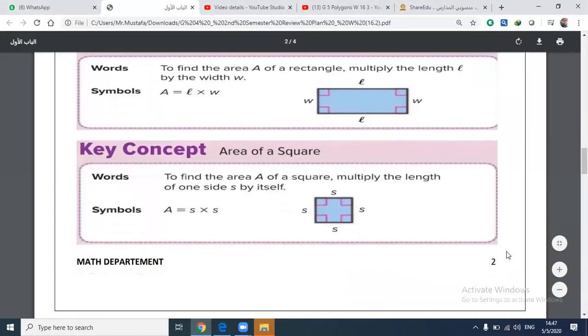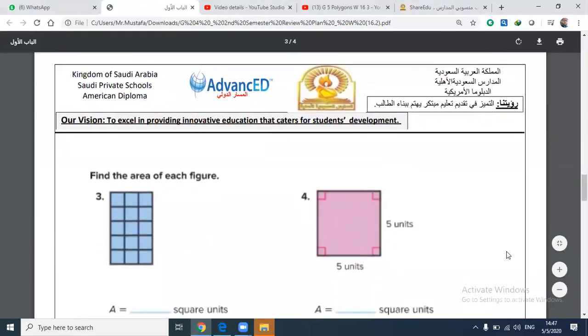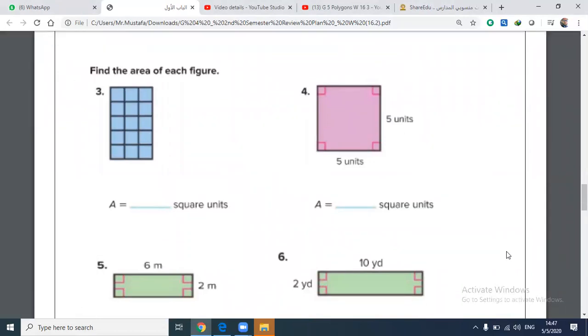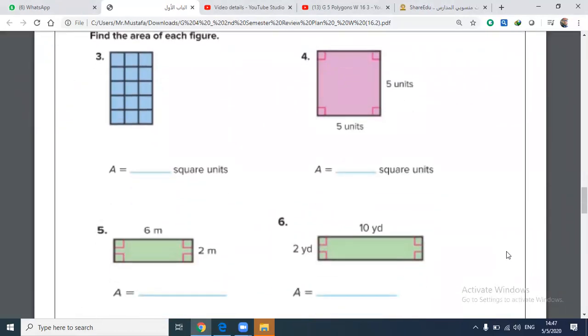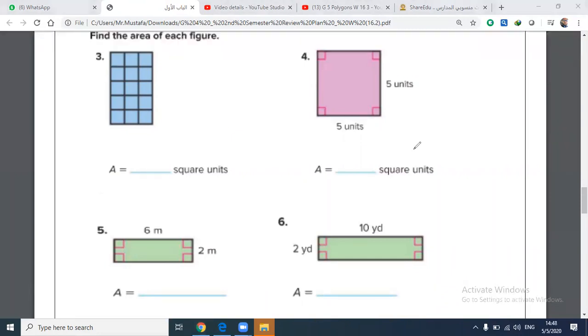Okay, let's go to the practice to learn how to find the area. Find the area of each figure. Here I have a rectangle.